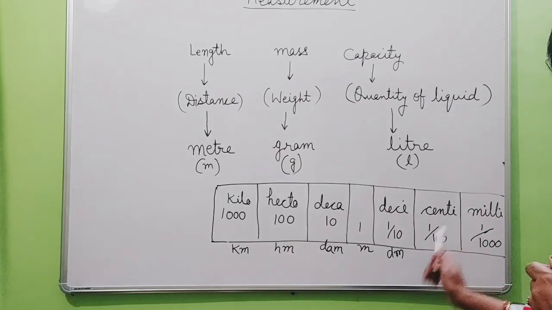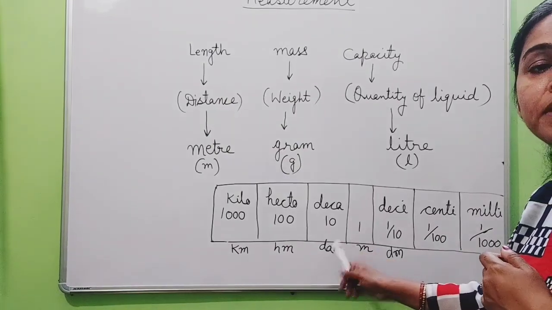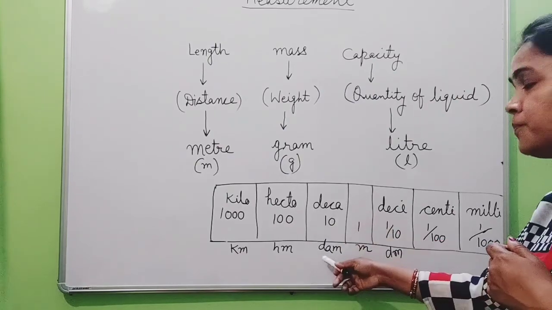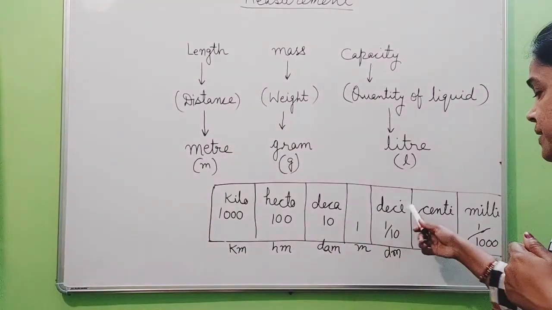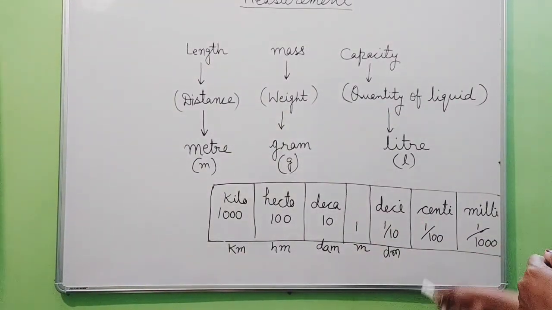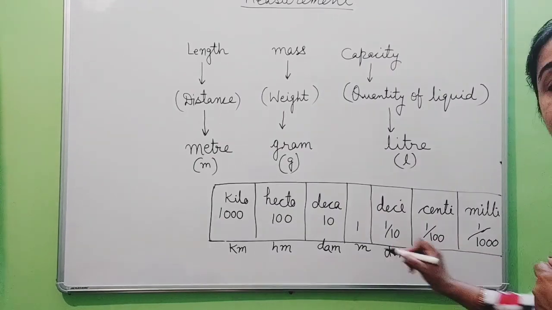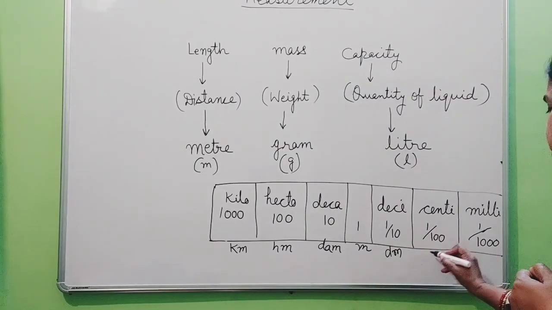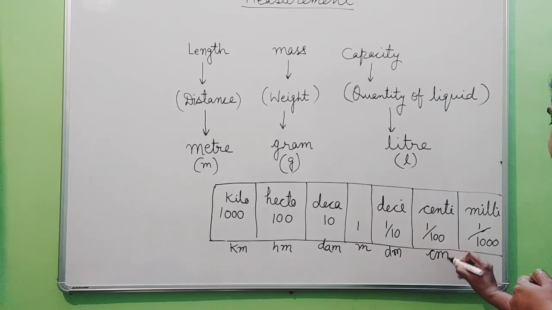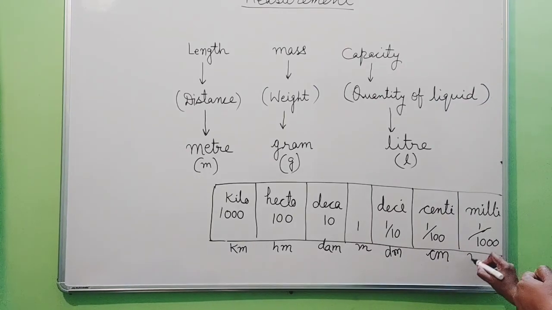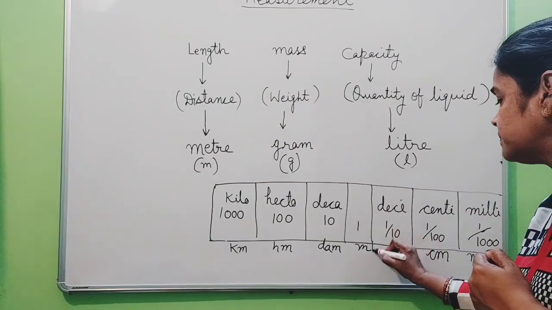So keep this in mind when you are writing the short form of units. Centimeter is 100 times lesser than meter, so you write CM for centimeter and MM for millimeter. So the standard unit is here.